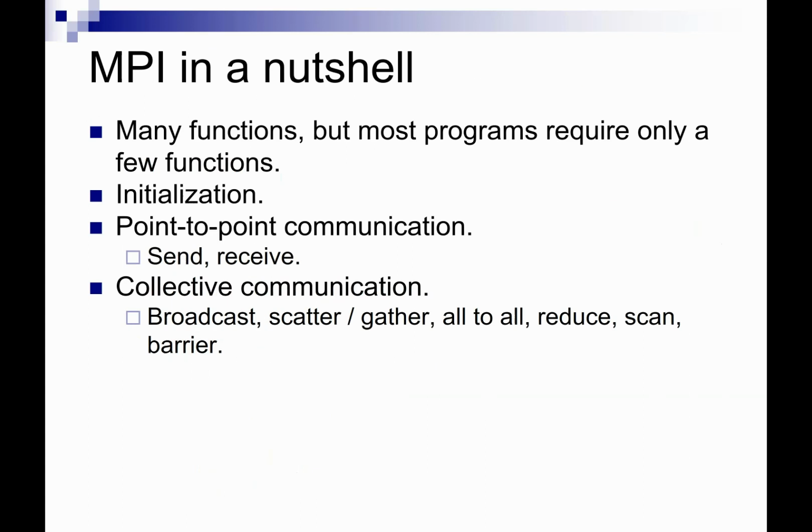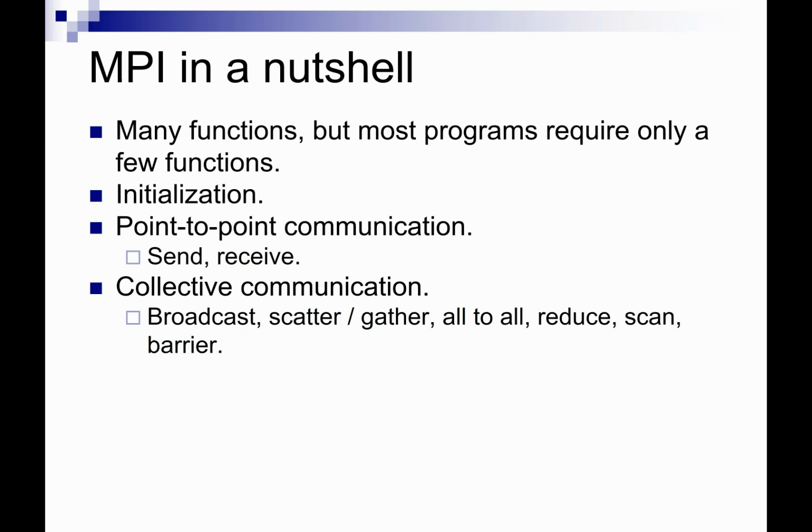Now, this summarizes what I said earlier about the different types of MPI functions. MPI actually has hundreds of functions. However, if you want to write an efficient and very general MPI program, you don't need to know all of the functions. It suffices to know a pretty small subset of these functions, and that takes you a long way in terms of writing programs.